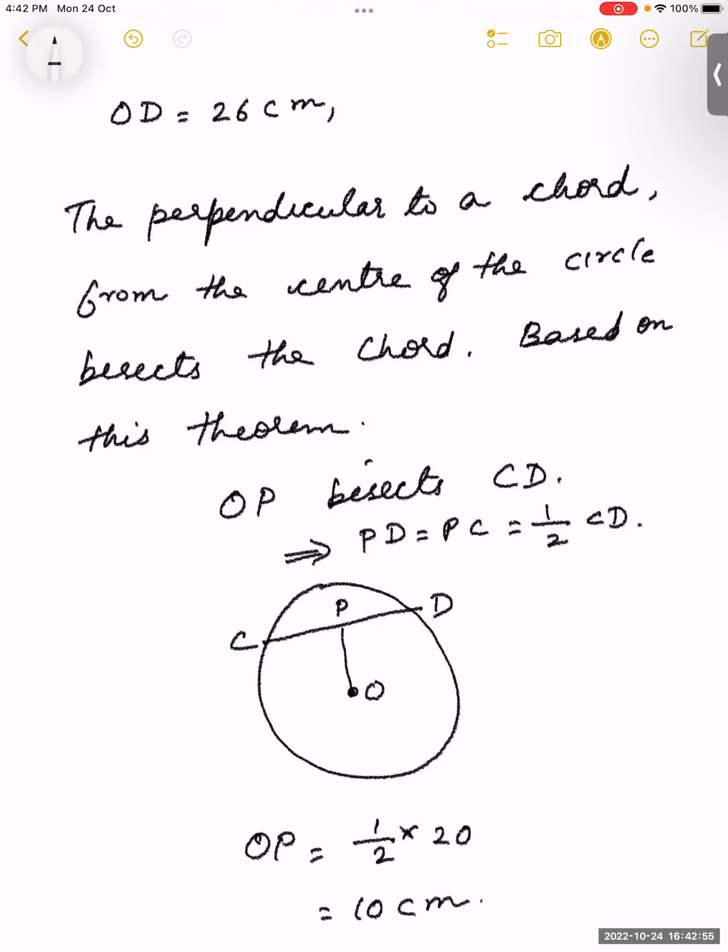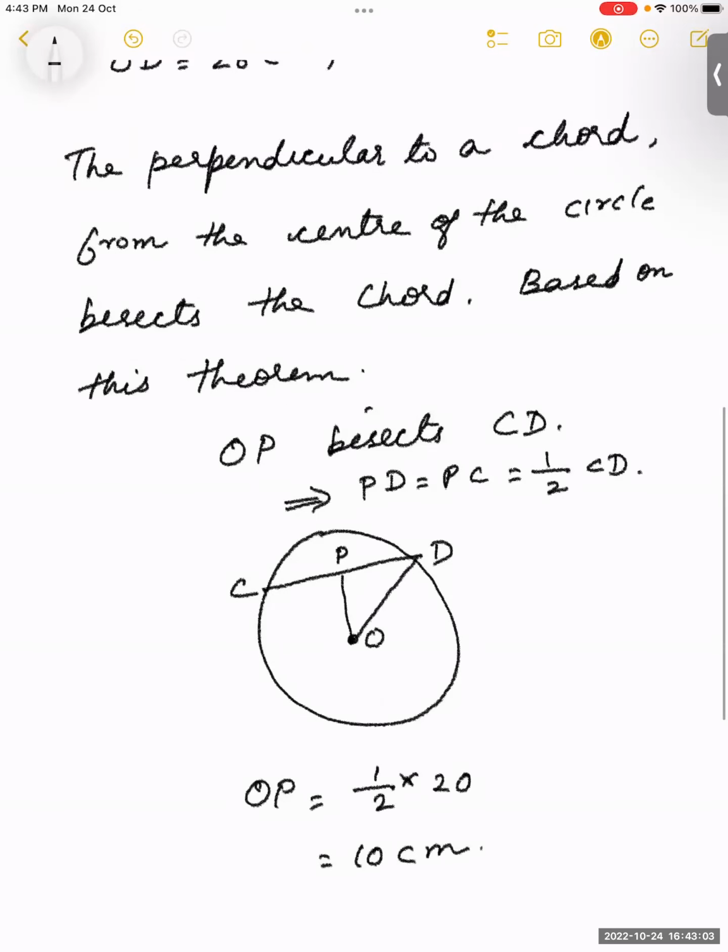OP is 10 centimeter. So what we have is, this is 26 centimeter that we just calculated. And what is PD? PD was 10 centimeter. Now you just need to calculate this distance.